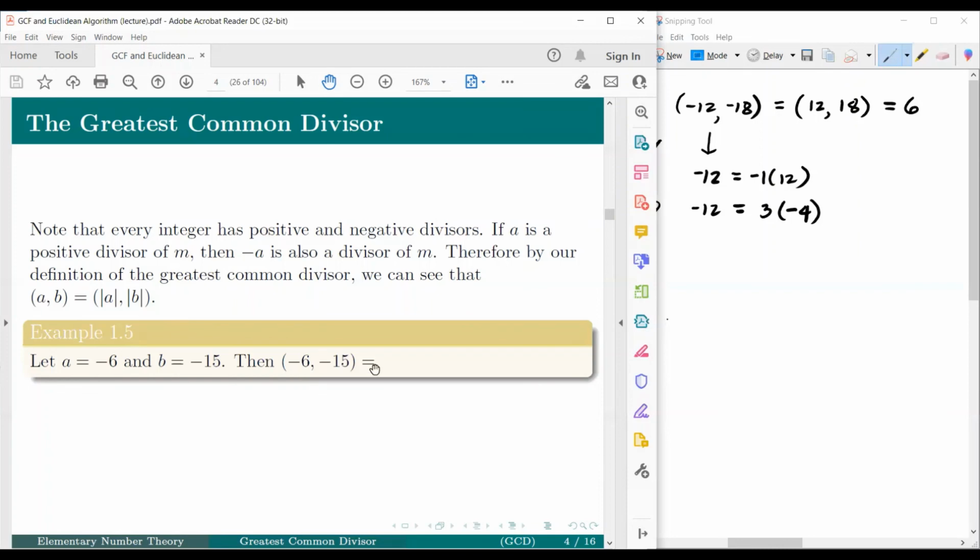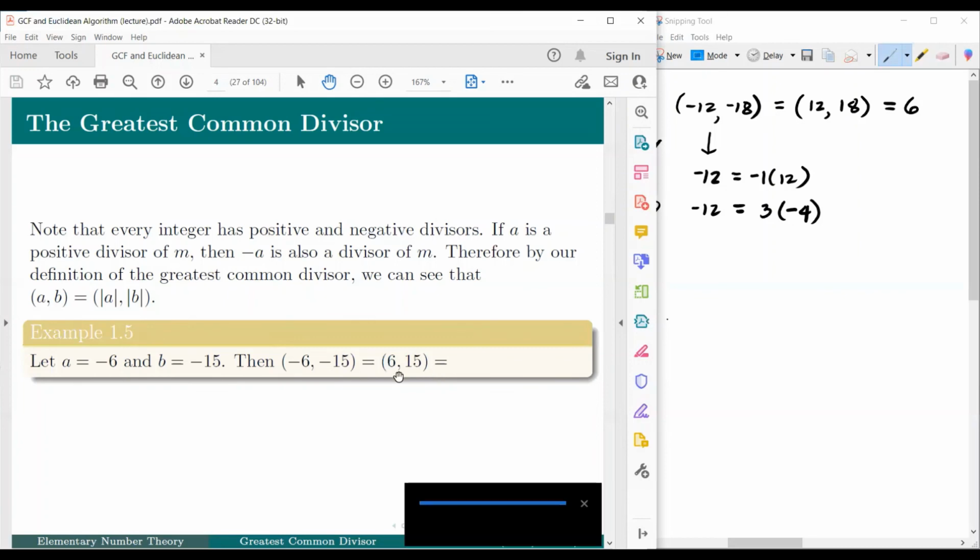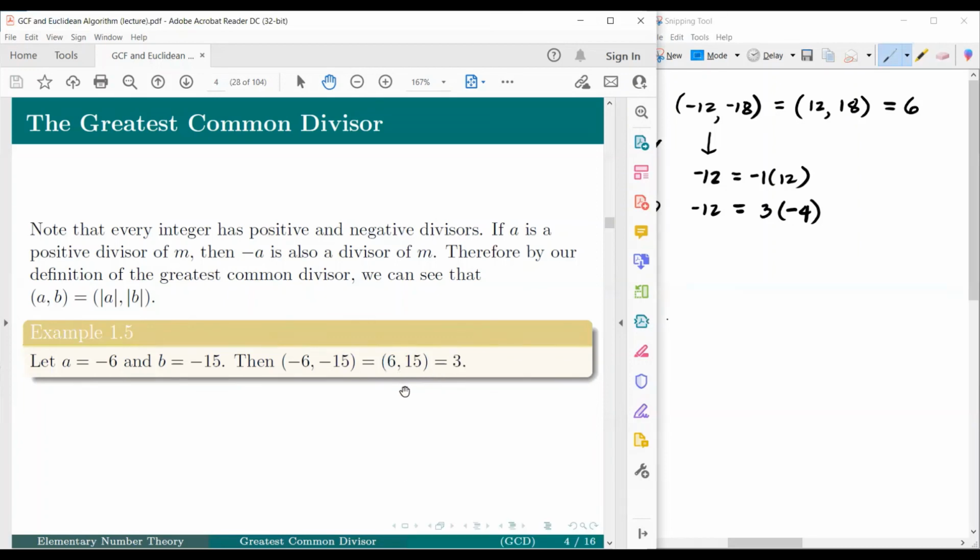Then we have the GCD notation, which is equal to this one. You can check it, which is equal to 3. Then we can restrict our attention to greatest common divisors of pairs of positive integers. If the given integers are negative, we can consider the positive of the given.